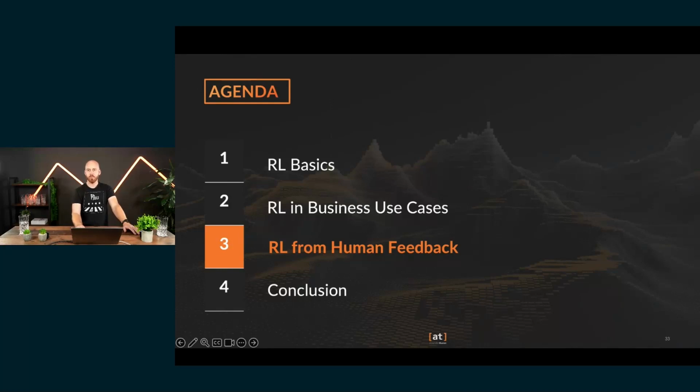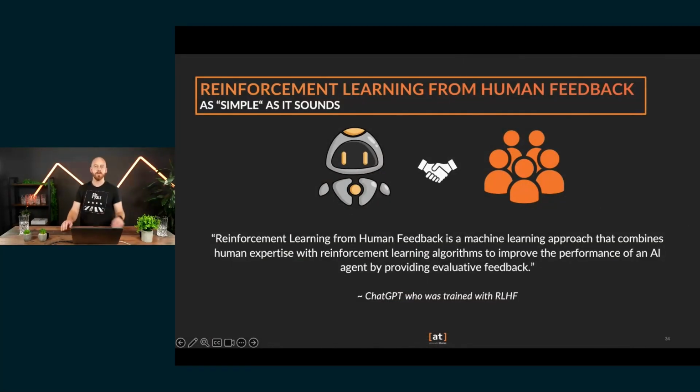And because of that, I want to start with a little citation or definition of that topic. I think ChatGPT might be a good expert to ask what this topic is all about. And ChatGPT says that reinforcement learning from human feedback is a machine learning approach that combines human expertise with reinforcement learning algorithms to improve the performance of an AI agent by providing evaluative feedback.